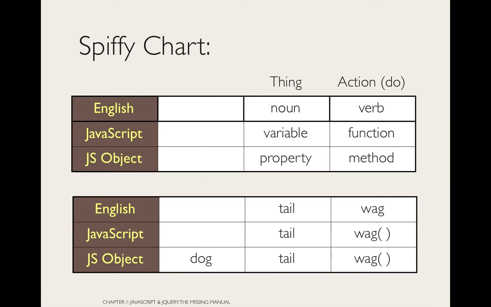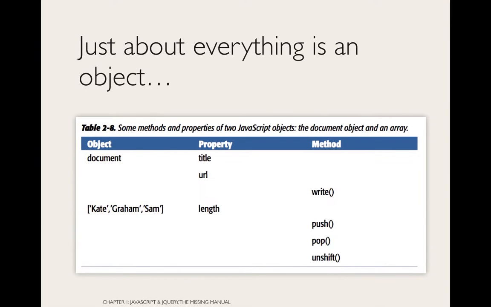But you can also attach the tail to the dog, and the dog might be the object. So you would talk about the dog's tail wagging. Kind of an object, a noun, and a verb. It sounds so simple, but you have to tell the computer literally what you're talking about as you select things.